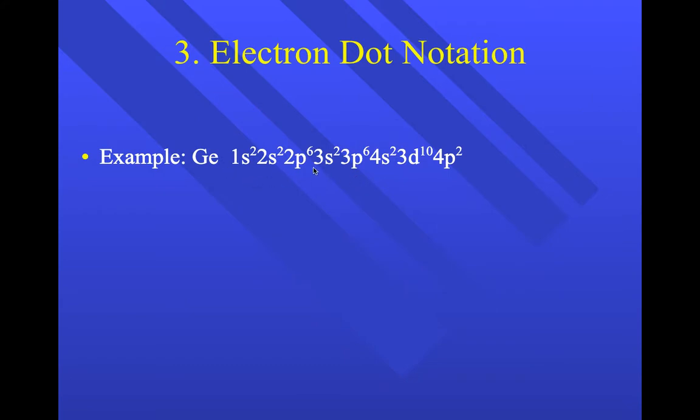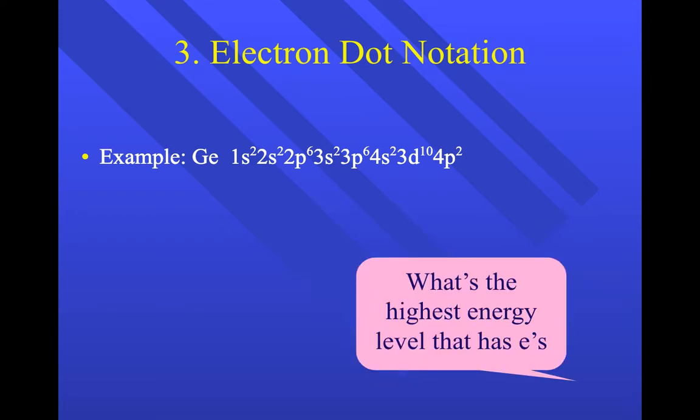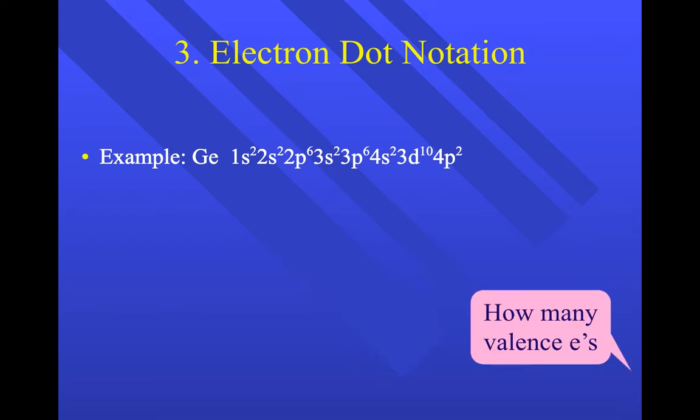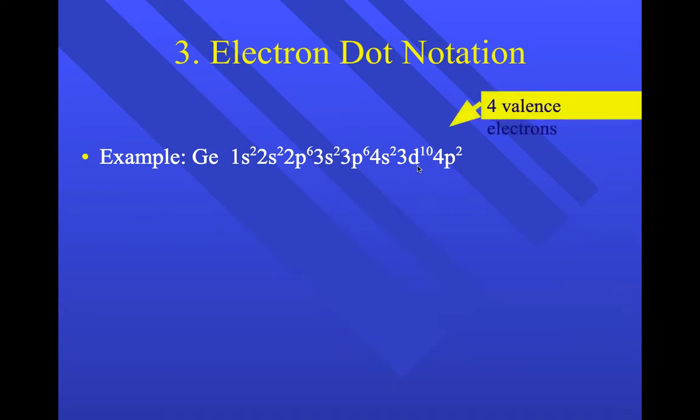All right, so here's germanium, and here's the whole electron configuration. As far as a chemist is concerned, it's very nice to write out the whole electron configuration, but we only care about the highest energy electrons. Remember, these big numbers in the front are telling us the energy level those electrons are in. So we're interested in the ones that have the highest number there, which is 4.